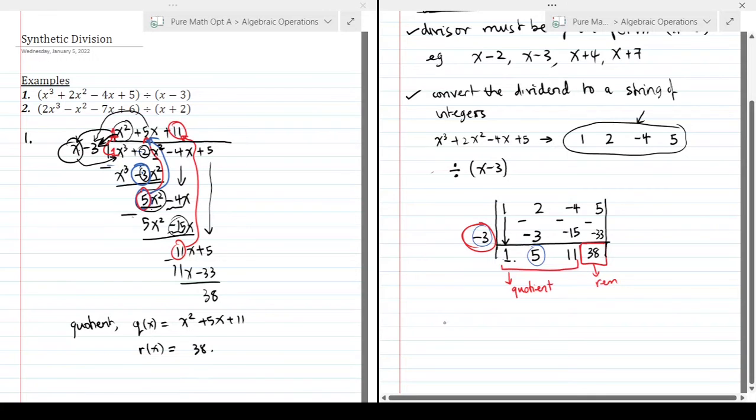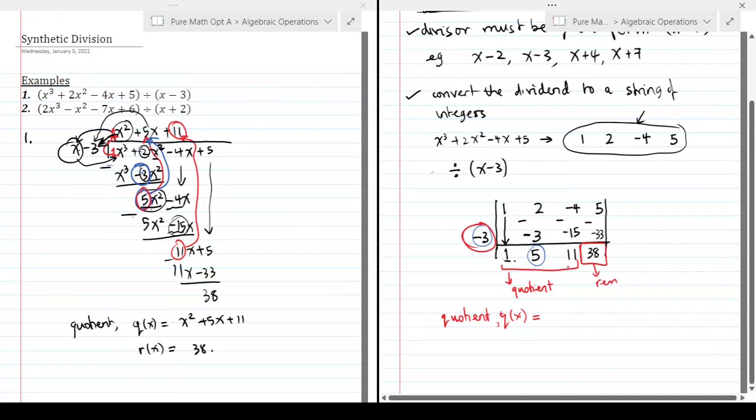So my quotient, following this synthetic division, is what? It has 3 integers, and those 3 integers are the coefficients of a polynomial. The polynomial has 3 coefficients, so it has to be quadratic.